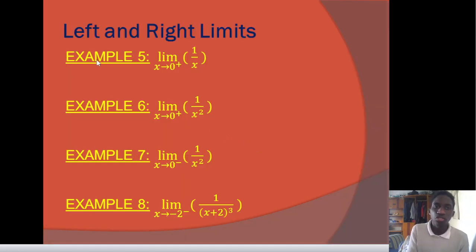So what's our first example for this video? Example 5. Okay, yeah, because the last example we solved was example 4. So in this video, example 5. We've already done this one actually. Yeah, in the last video, the limit of 1 over x as x approaches 0 from the right. We did that in the previous video, and we saw that the answer is positive infinity.